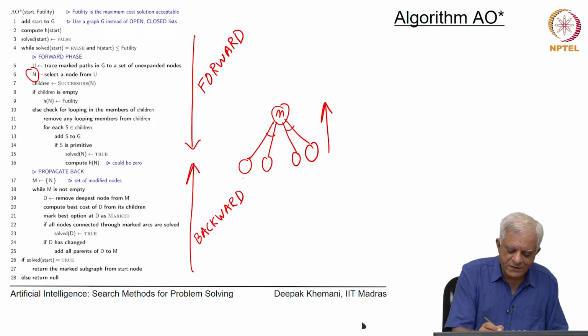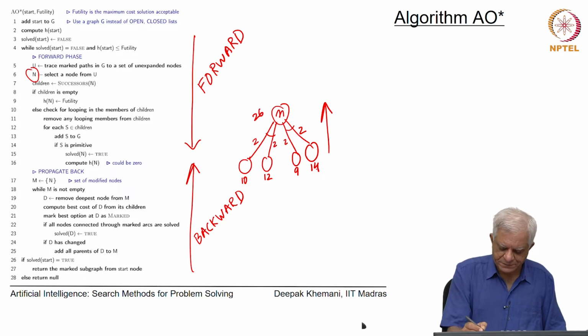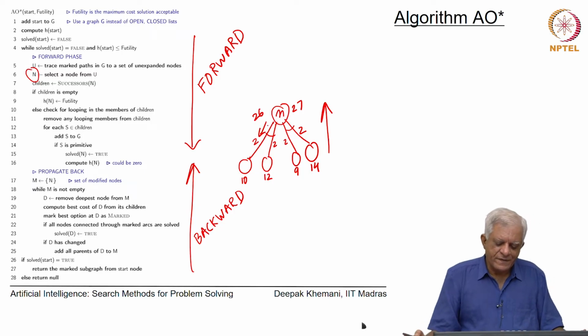So, let us say if this cost is 10 and this cost is 12 and this cost is 9 and this cost is 14, and if the h cost is, let us say for the sake of argument, all 2. So, then this is 10 plus 12 22 and 4 26 and this is 9 plus 14 23 plus 4 is 27. So, it says that this is the best choice.